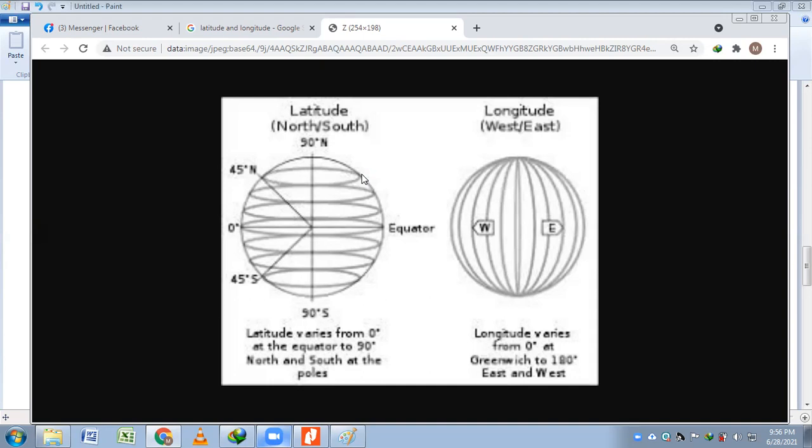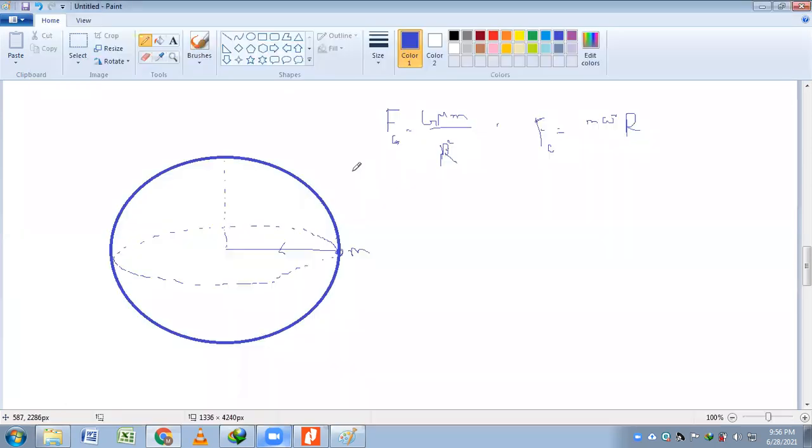The reason is that irrespective of the position of the object, this object is still going around the entire circle in 24 hours. Whether you place the object over here, one full day is 24 hours. If you place it over here, one full day is still 24 hours. So having the variable omega in the equation helps us get rid of the change of linear velocity, because omega is constant for all the positions.